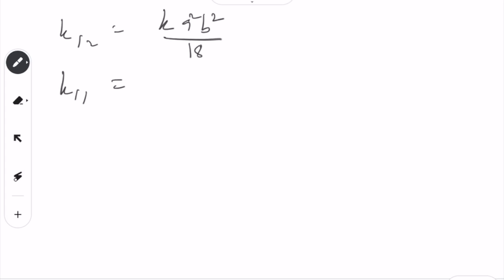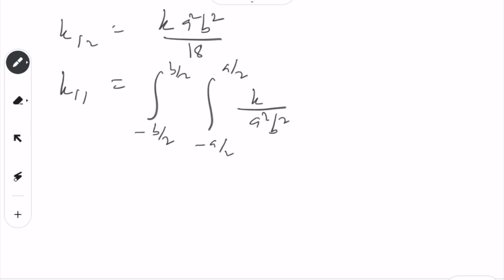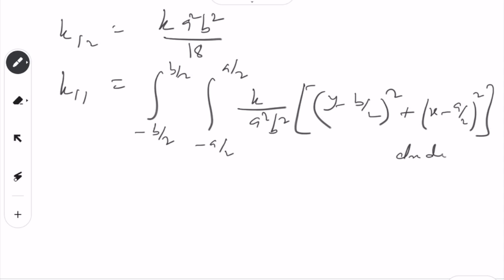So k11 is minus b over 2, minus a over 2, then we have k over a square b square, then the y and x terms, so y minus b over 2 squared, and then x minus a over 2 squared, and then we have dx times dy, which will be equal to, we can separate them out.